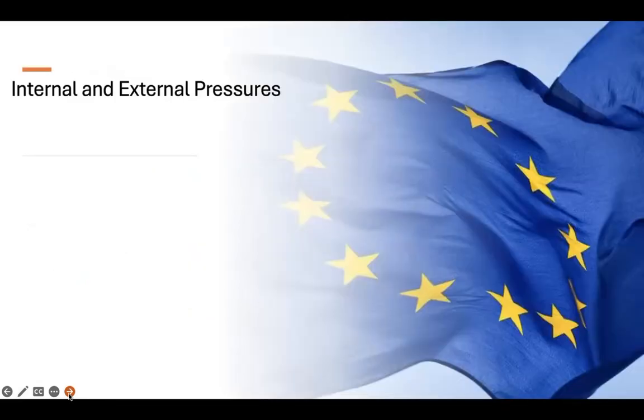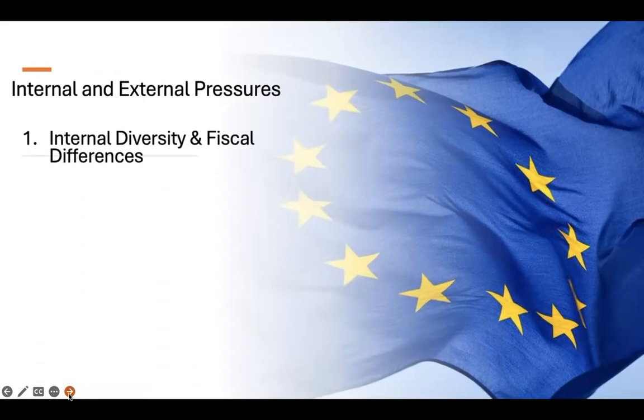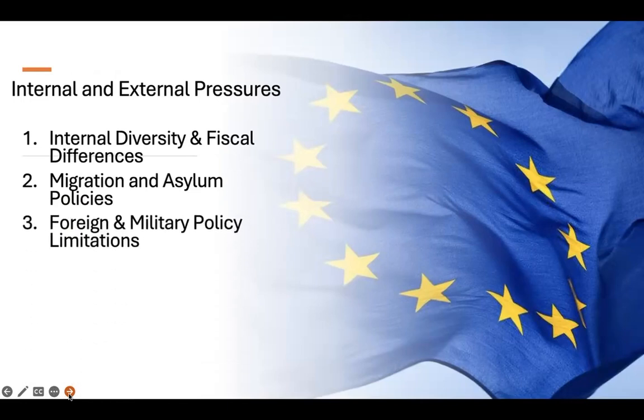So we now need to look at some of the challenges facing the European Union, some of them internal, some of them external. Three main internal ones, I guess, are the diversity and fiscal differences, financial differences, and different economies within the EU, migration and how it's coping with migration and asylum policies, and looking outwards a little more, foreign and military policy and limitations there.